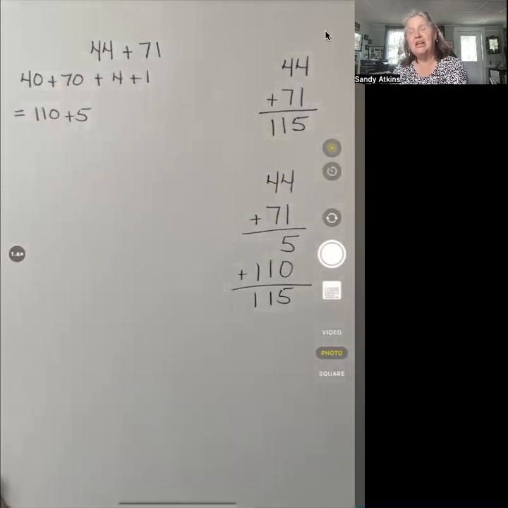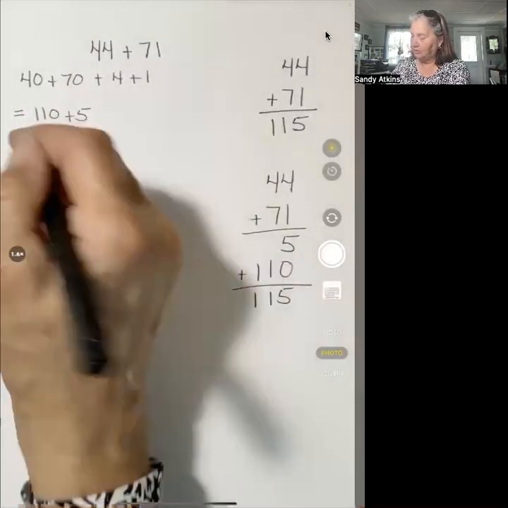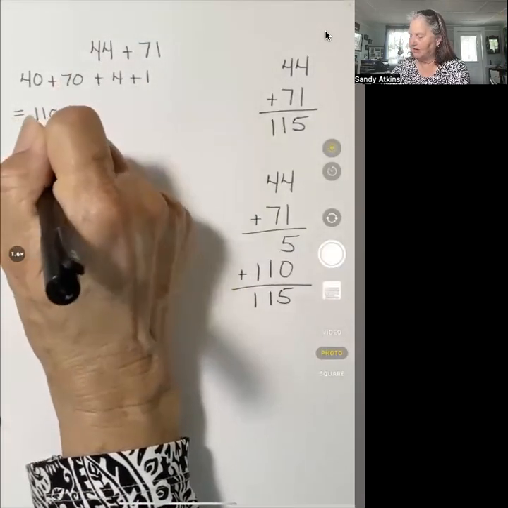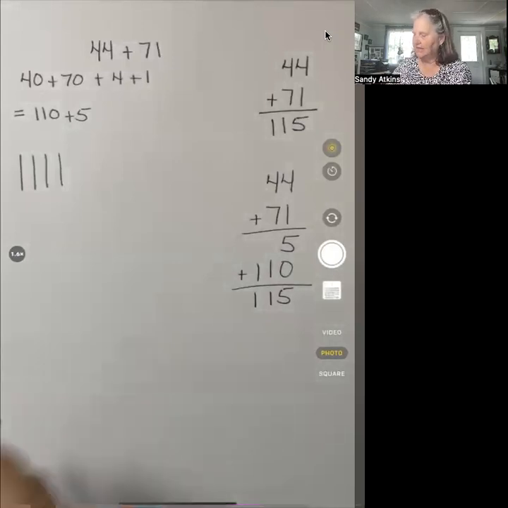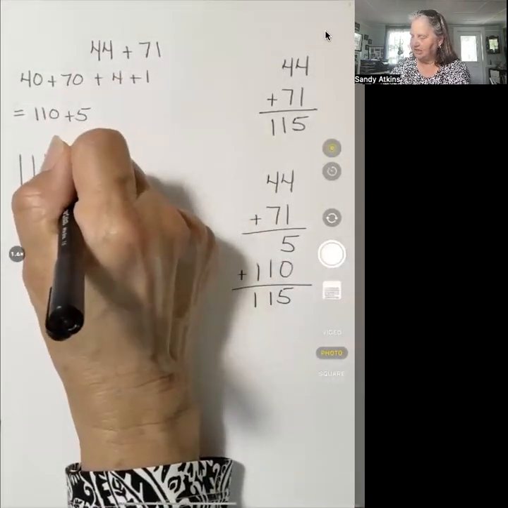Okay. Some of your students, some of your children may draw pictures to go with this. So the first one, I usually have them draw what looks like a tally mark, but we've used base 10 blocks in other videos, and this is a shorthand way to draw some of the base 10 tens with the 4 ones, and I use dots.